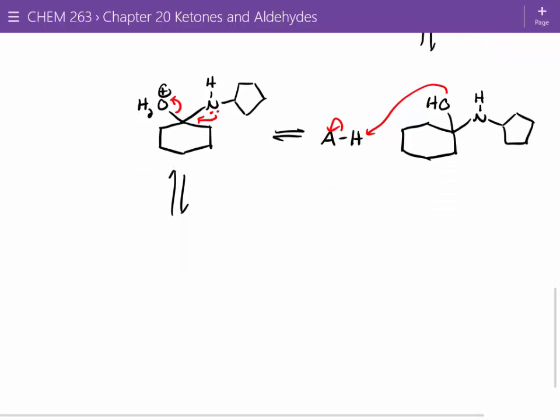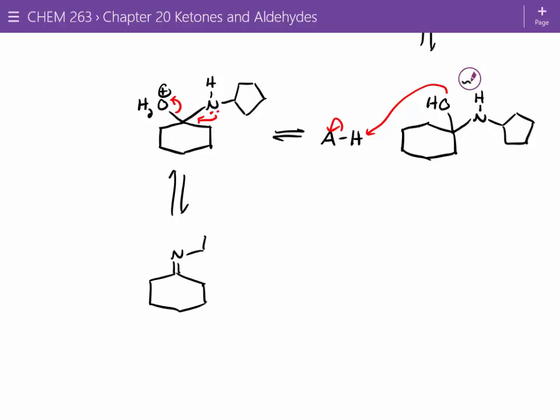I'm going to scroll down. Kicked water off. Now what's our last step? Deprotonate, right? So we've got our conjugate base.